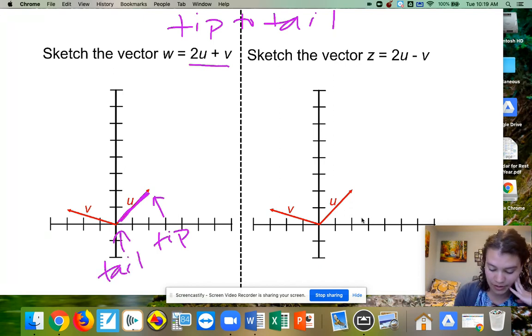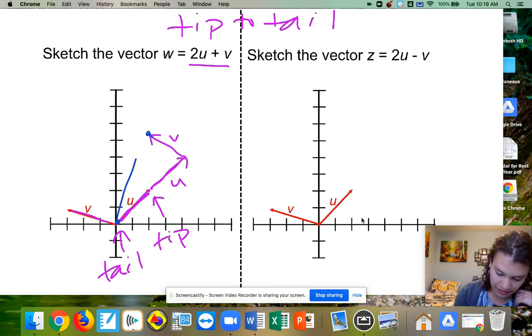So I want the tip of my first one to attach to the tail of the next one, so I'm going to draw another u vector there. So that would be 2 u's. And then I want to take this v vector and same thing, tip to tail. This is v. And then your actual resultant vector would be coming from where you originally started to where this one ended. So the blue, this would be your 2u plus v vector.